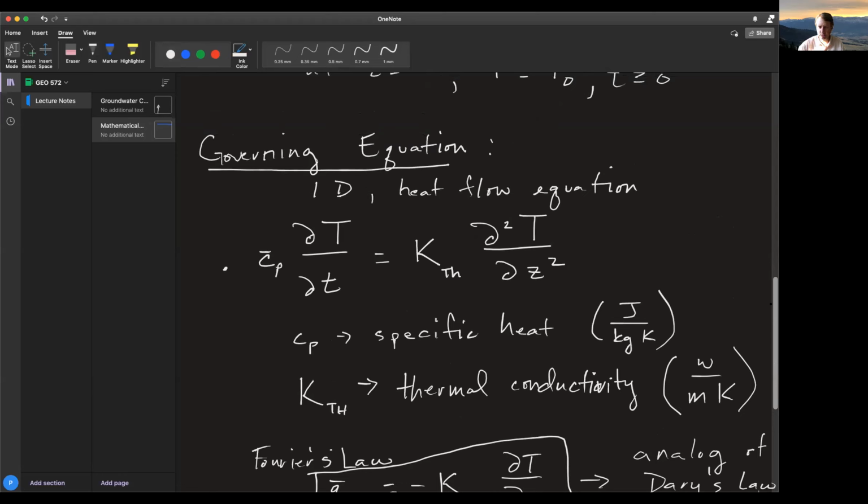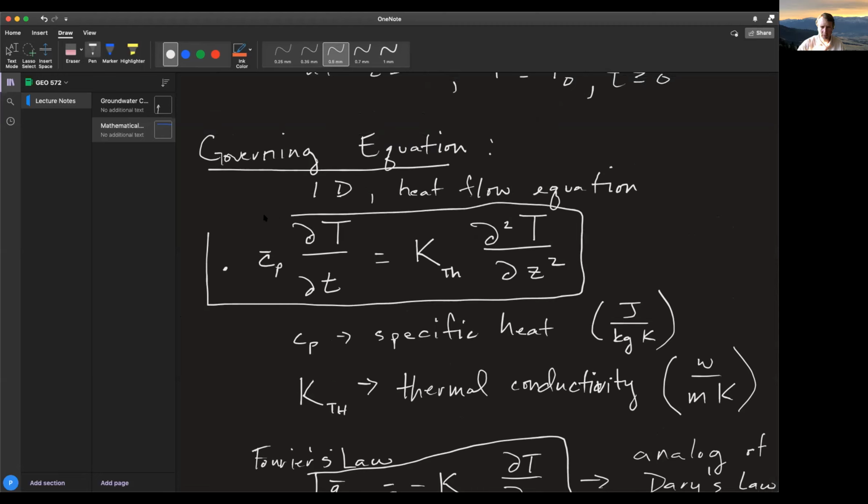Okay, and the heat flow equation has the same form as the groundwater flow equation.